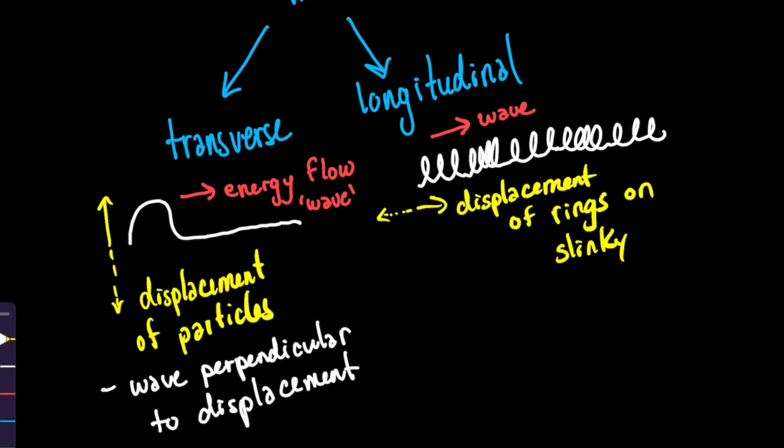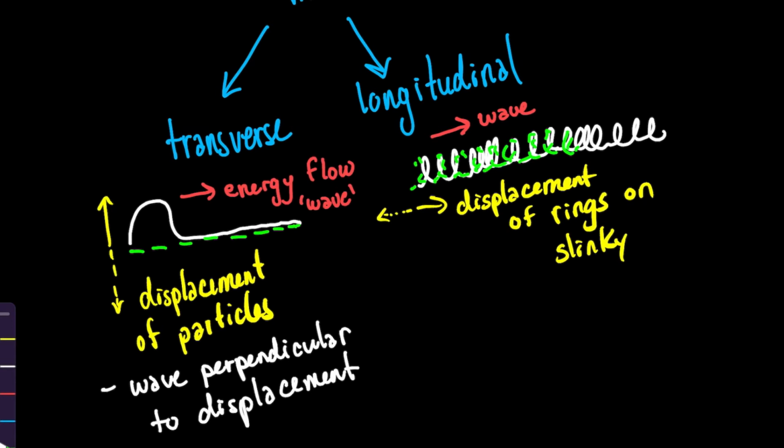Now this is particular of the mediums that we're dealing with. The medium needs to require a force that's a restoring force. This restoring force brings back the medium into equilibrium. So what I'm trying to draw in dashed green lines here is the equilibrium line, so where the slinky was originally or where the string was originally.